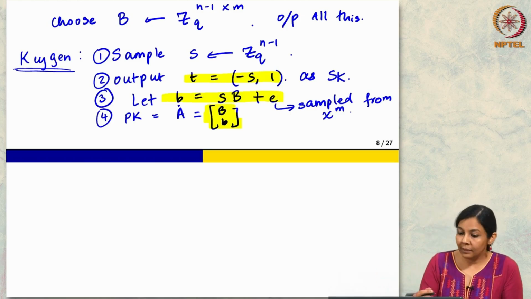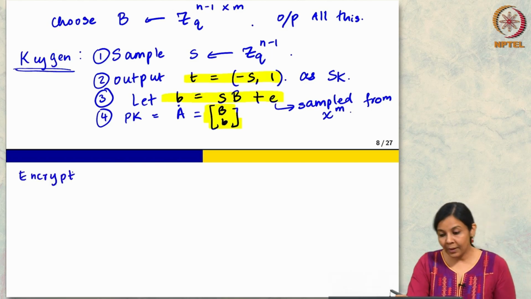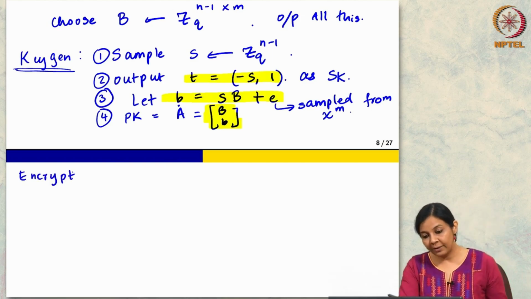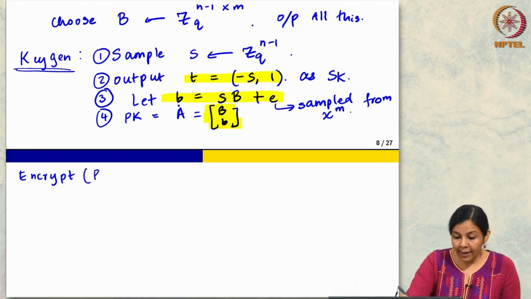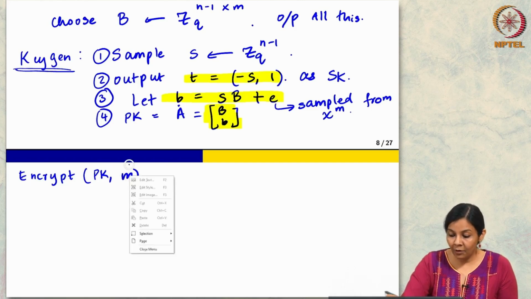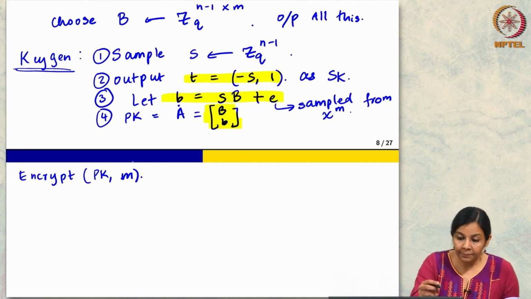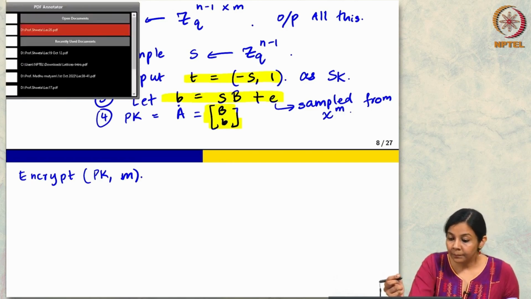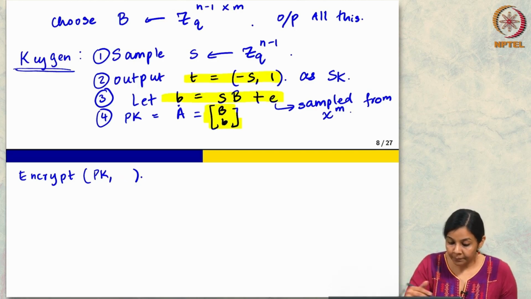Now, of course, we have to encrypt. So, our encryption will be a little bit different than what we saw for basic PKE. So, encrypt takes the public key and some message bit, maybe instead of M, it may be good for me to call this something else. Okay.